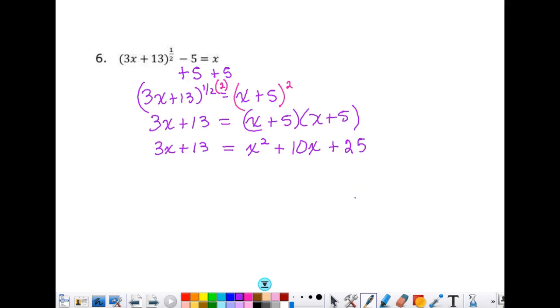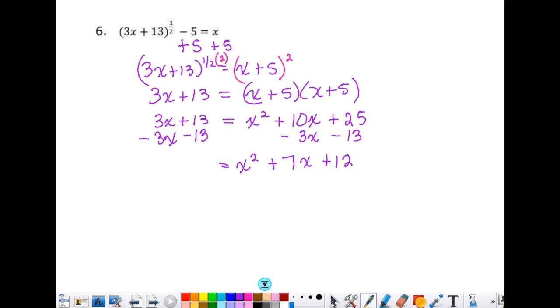Okay, so before we can factor it, we've got to move these over. We've got to move the 3x and the 13. Now we can factor this, and this is an easy one to factor.